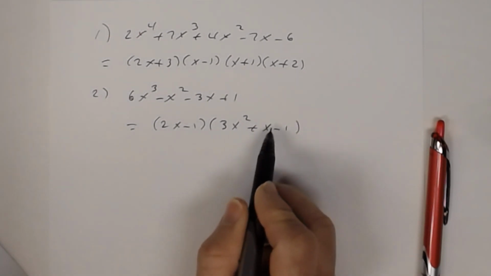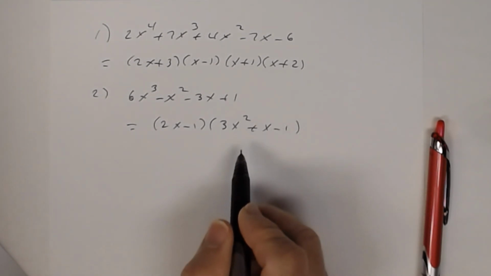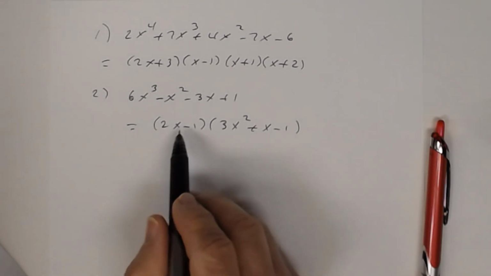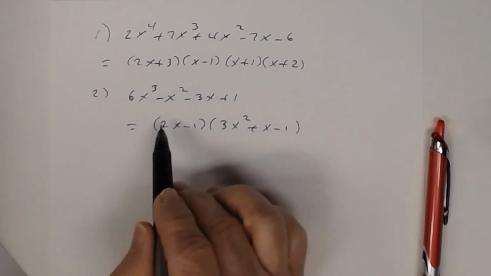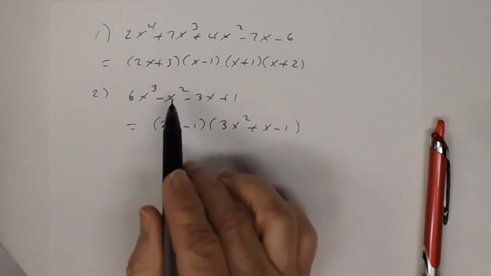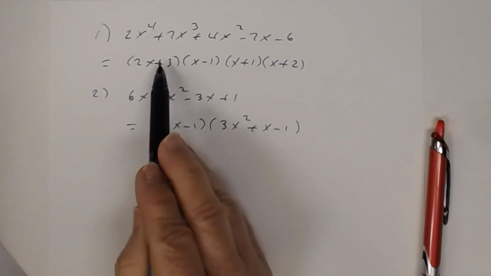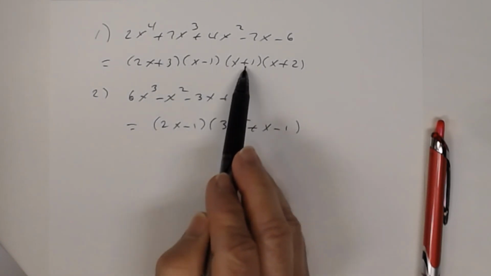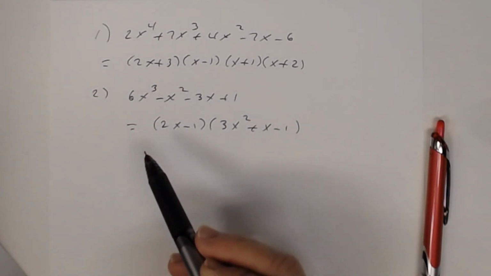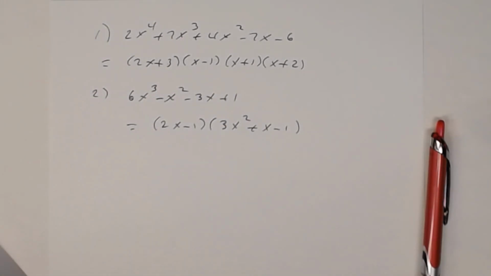So I cannot factor this quadratic any further over the rational numbers. But do notice that 2x minus 1 is a factor of this. You see it's listed as a factor. This times this equals this. Notice in number 1, those 4 factors multiplied together gives you this. So these are all factors of that. So that's number 2.